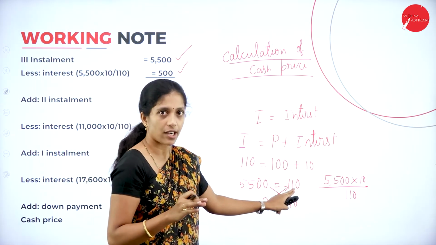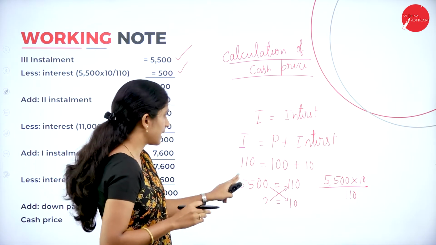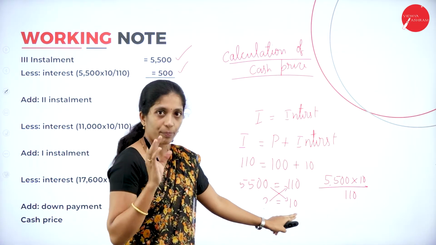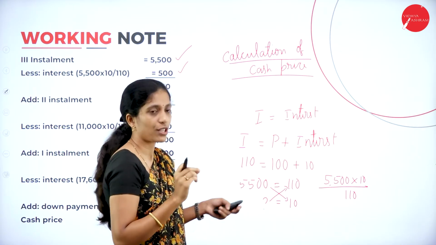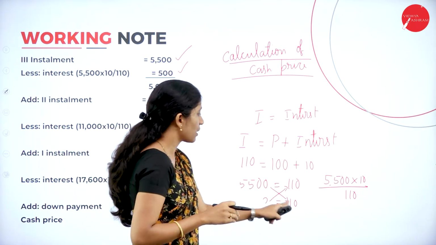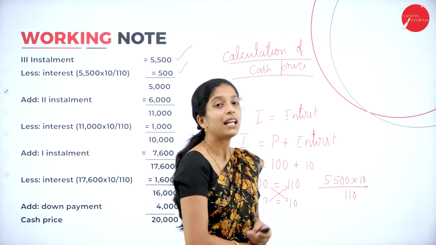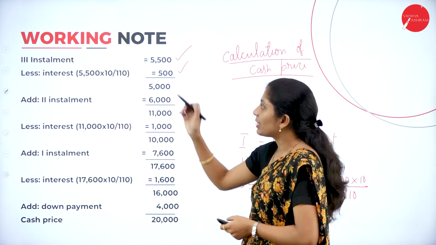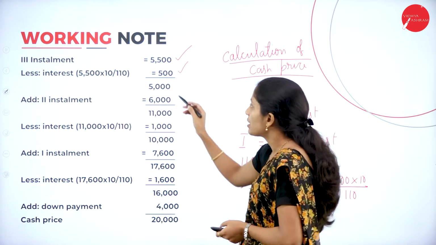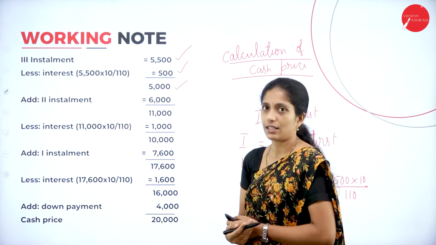It's nothing but 110, right? We particularly want interest. So, 5,500 into 10 divided by 110. So, interest is 500. So, third installment less interest, we'll get 5,000.